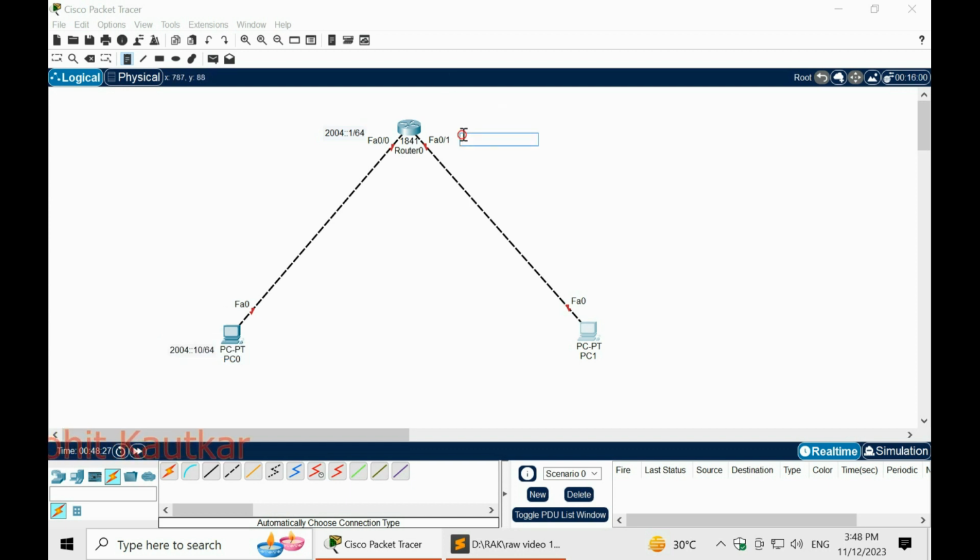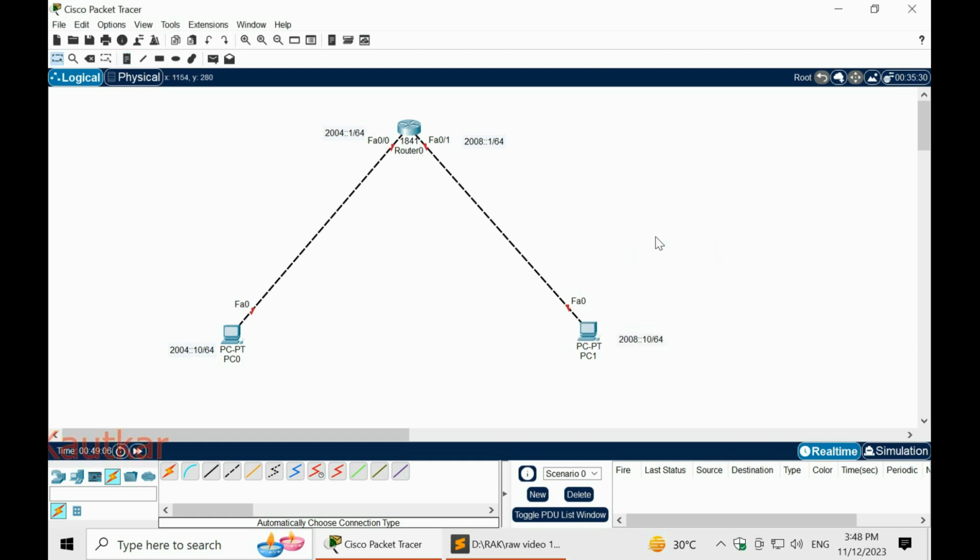Now for this second interface, let's say we will have IP 2008::1/64. For this machine we have IP 2008:: okay, by mistake I typed something else, 2008::10/64. So this is how we have given the IP addresses to all the interfaces we have.